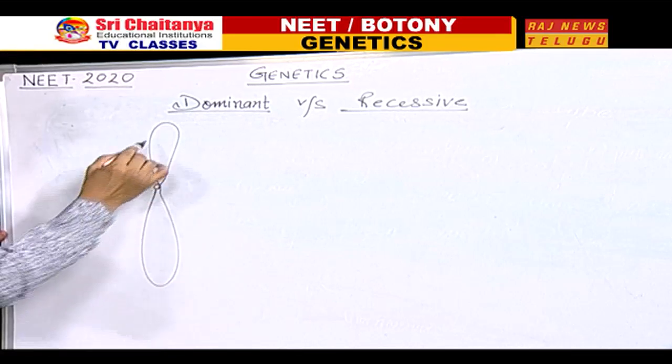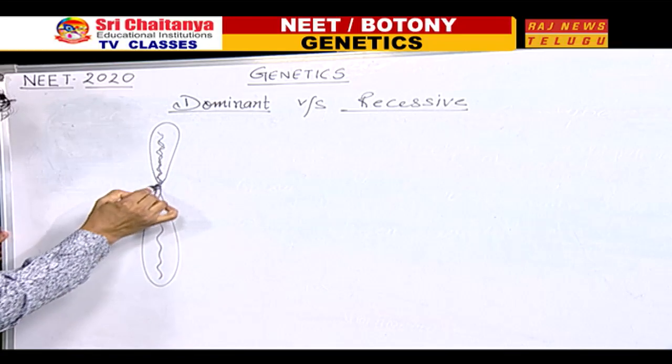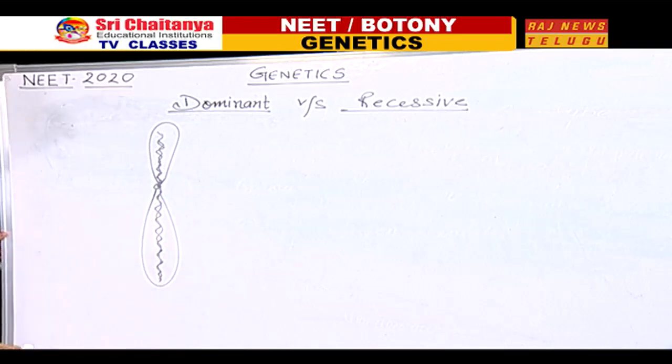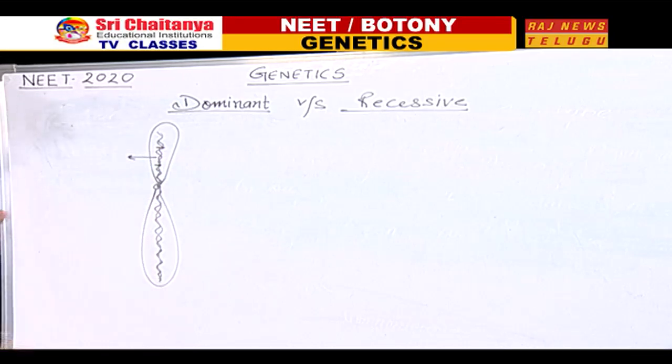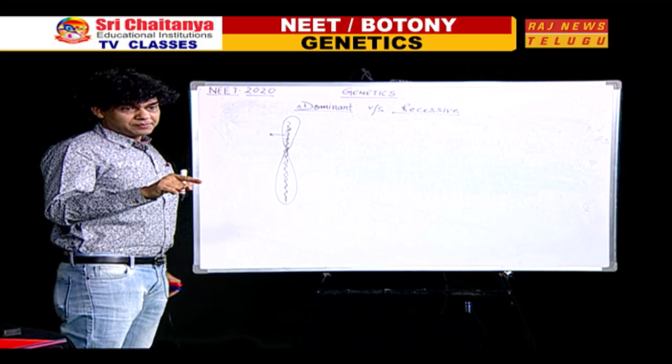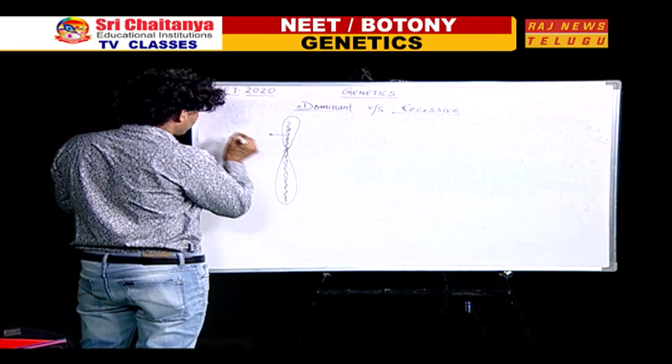Suppose this is one of the chromosomes in which this is the DNA. This segment of the DNA, suppose, is a gene. I already said to you that every gene is a DNA, but every DNA is not a gene. So this segment of the DNA, suppose, is a gene.